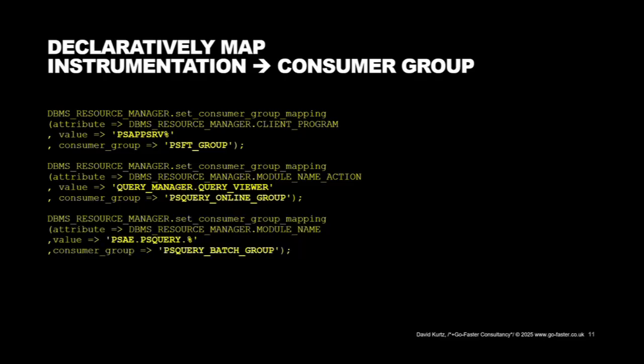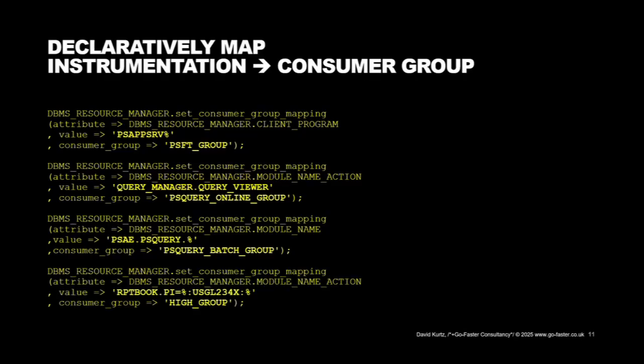The batch processes, we've used a pattern match there because there's a number in that string which gives us the ID of the scheduled process. And then specific parts of the application, if it's a specific combination of module and action matches that pattern, that gets a higher priority group.